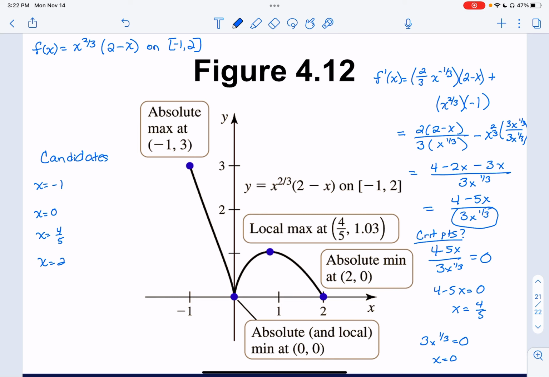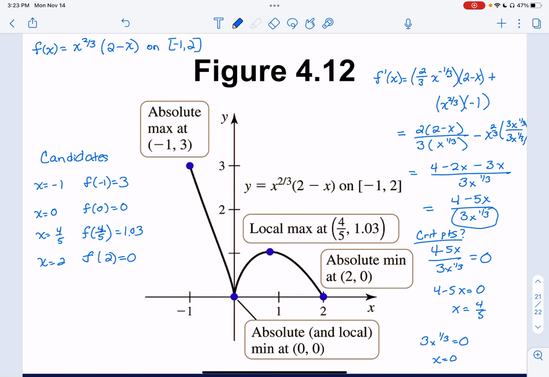And so if I look at those, what I find is f of -1 is equal to 3, and you'll notice that's an absolute max there. f of 0 equals 0. If I look at f of 4/5, I'm at 1.03, and f of 2 is equal to 0.